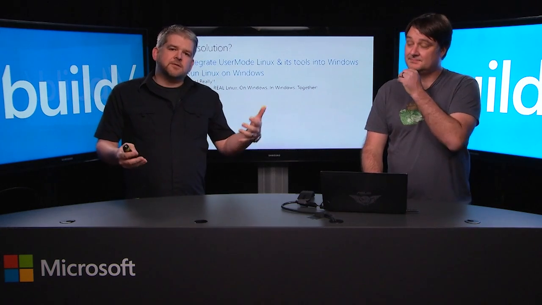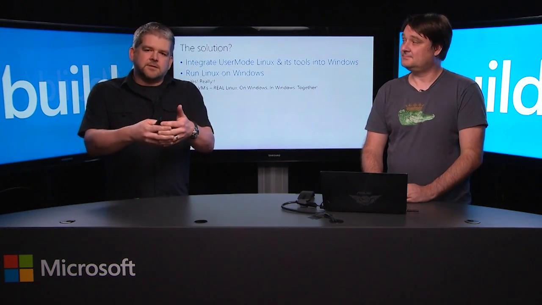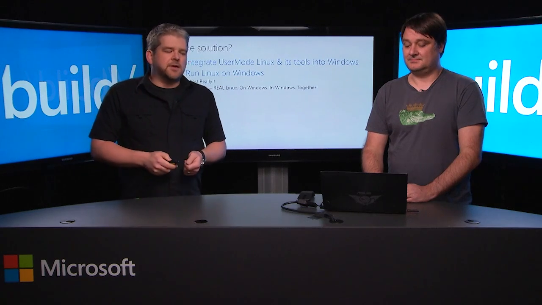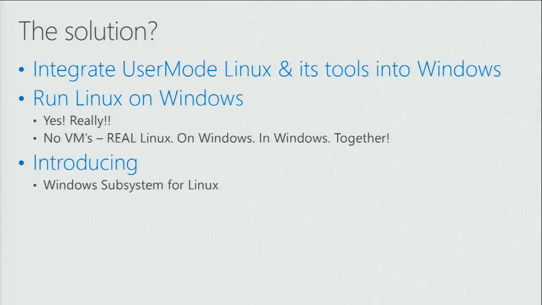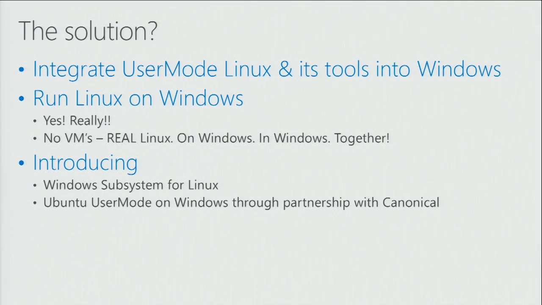So we've integrated Windows and the Linux user mode code to run smoothly on Windows. We're calling this Windows Subsystem for Linux, and we've been partnering with Canonical to bring you a version of Ubuntu. In fact, Canonical create this image of Ubuntu without a kernel, and we've taken their package and run it on top of Windows Subsystem for Linux.